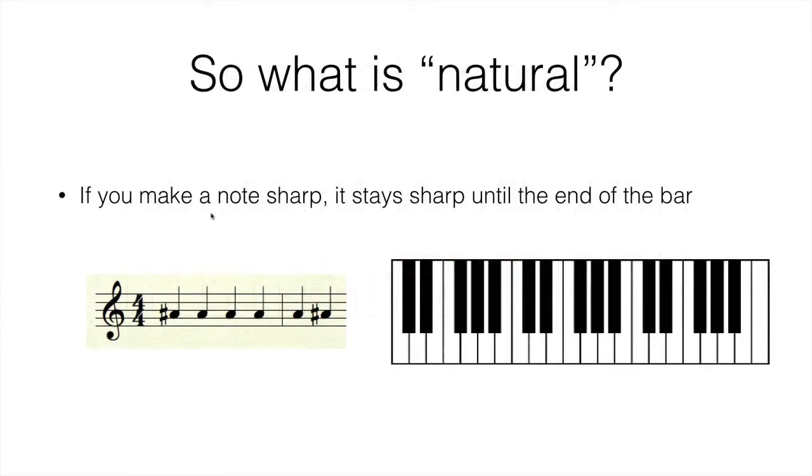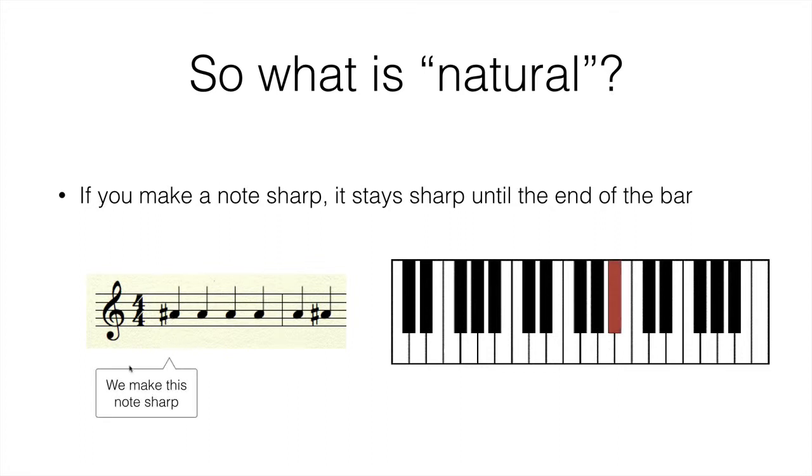So if you make a note sharp, it stays sharp until the end of the bar. This is a very important thing when you're playing your instrument. So here's how we write a sharp in music. We simply write the note, and in front of it, we write the symbol. So here we have the sharp symbol. If you make a note sharp, it stays sharp until the end of the bar.